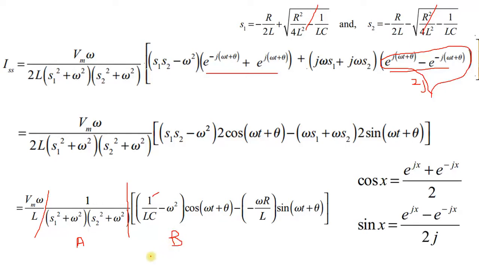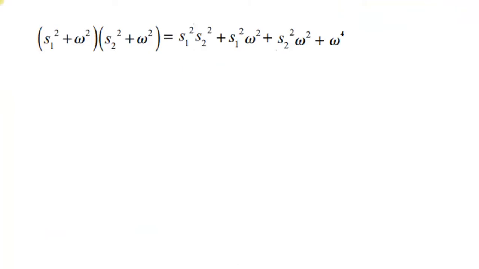So for part a, this is the equation I gave: s1 square plus omega square into s2 square plus omega square. Just multiply this and the resulting equation should be like this.